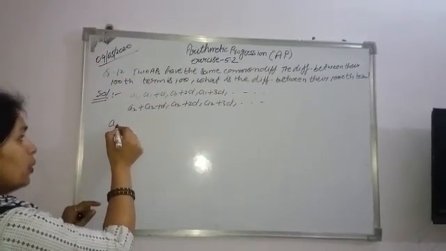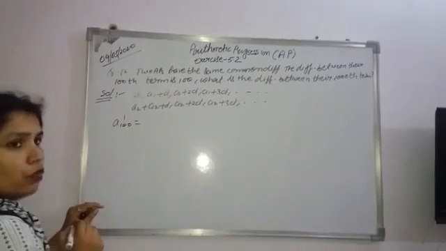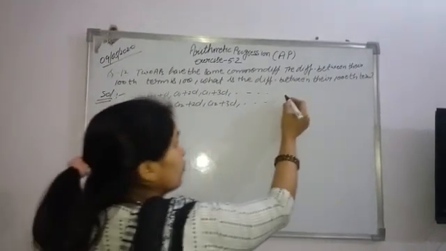So what is the general term formula for the 100th term of the first AP?